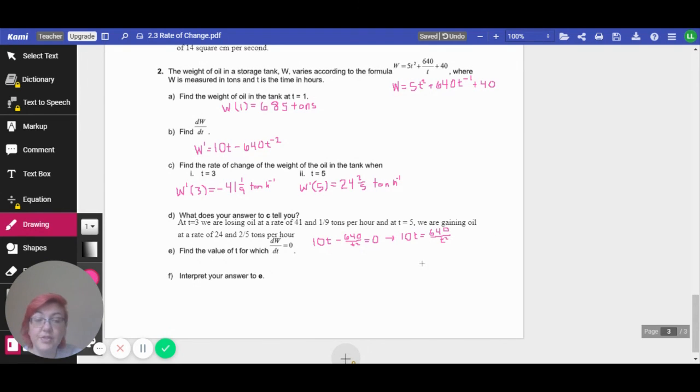Now I'm going to multiply both sides by t squared, which leaves me with 10 t times t squared, which is t cubed, equals 640.